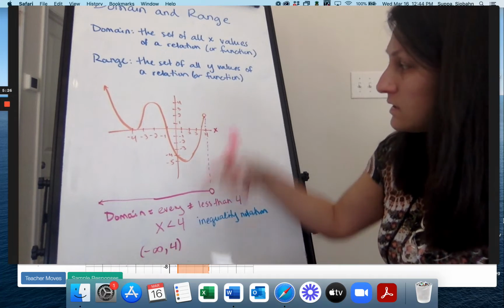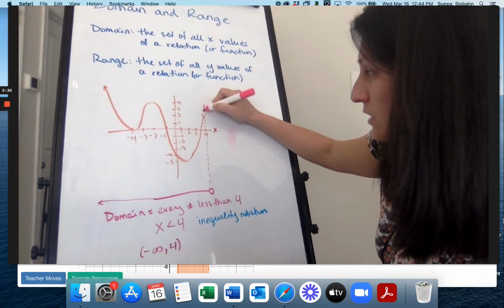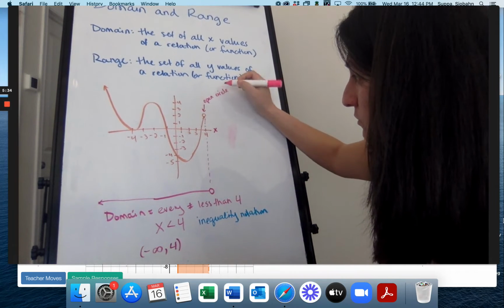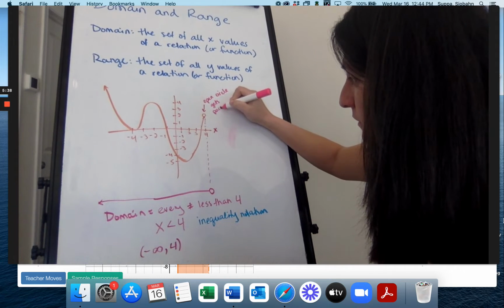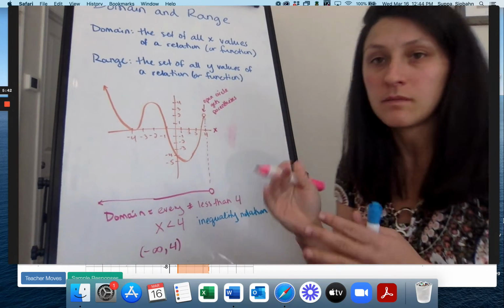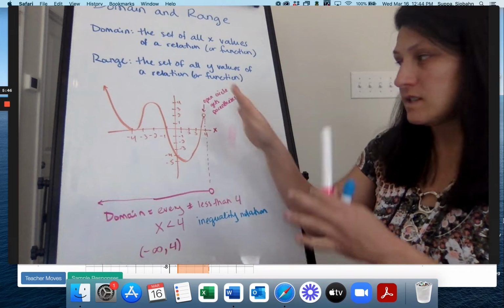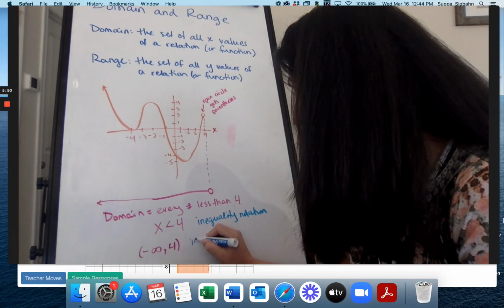And in this case, you can't equal positive 4 because this is not a filled in circle. So open circle gets parentheses. If it were a closed circle, it would get a square bracket. Okay, so that's the domain. And again, this is called interval notation.